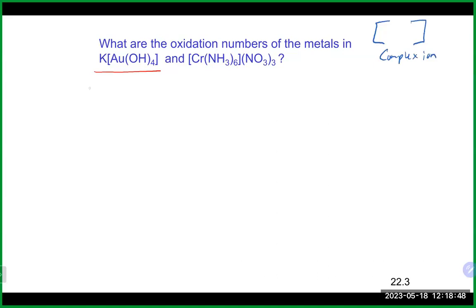Here, so we got something, okay. Au(OH)4. All right, so in this case, in the brackets here is going to be our complex ion. This then would be our counter ion.